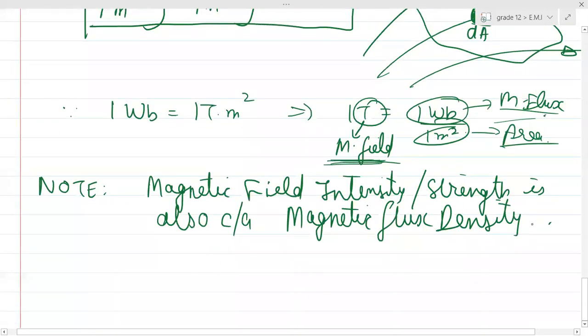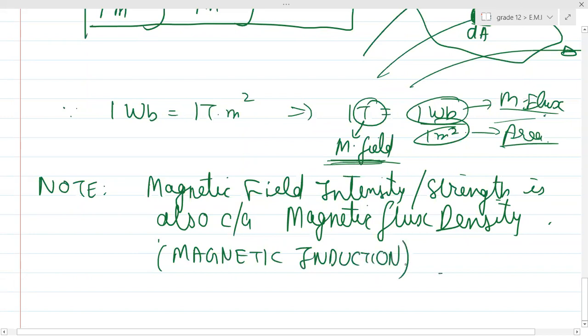So this magnetic field has three different names: magnetic field intensity or strength, magnetic flux density, and the third name, magnetic induction. Everyone remembers this, right? These three are the same. Is this clear?